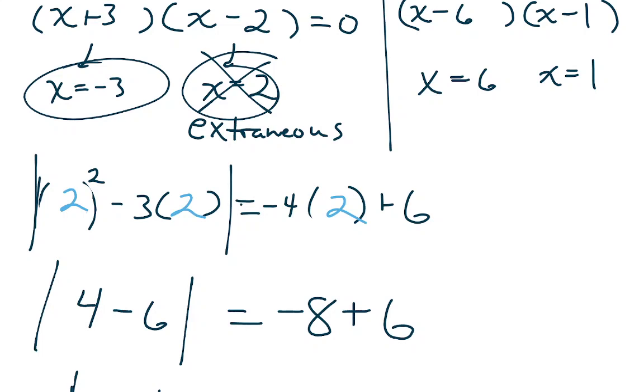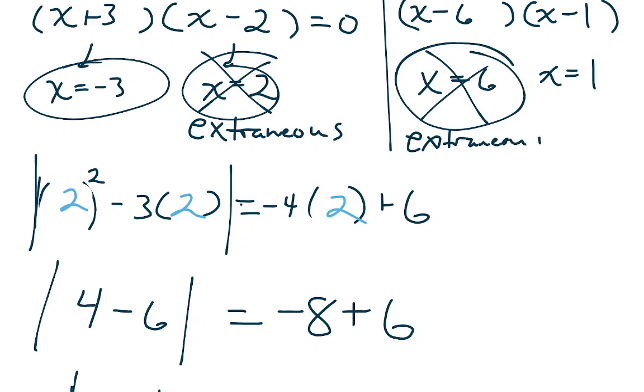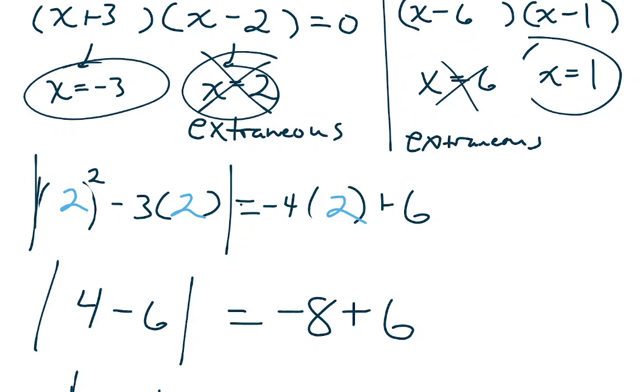And when you check 6, it doesn't work, because you actually end up with a positive equaling a negative. So that's extraneous. But 1 does work. I'm not sure why I'm circling everything. I probably should only be circling the ones that I want to work. Maybe I'll just cross off the ones that don't work. So the final answers are -3 and 1.